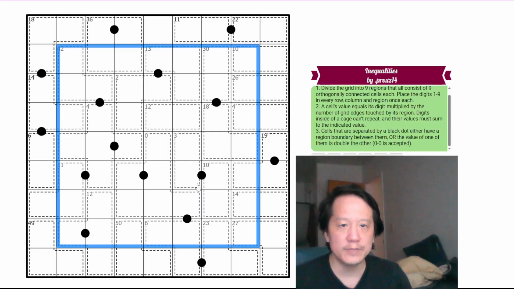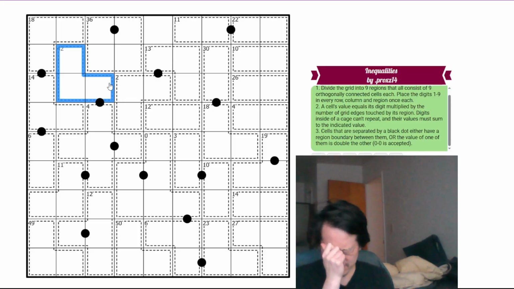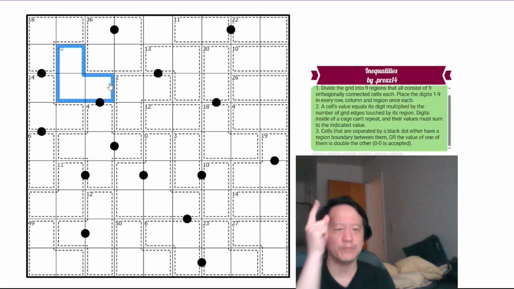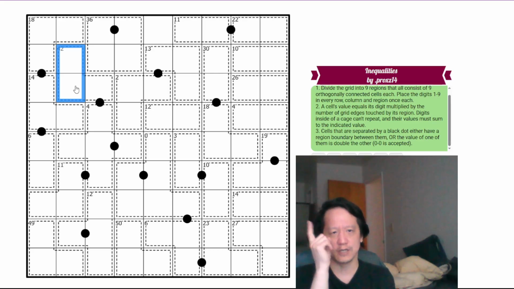So, to add up to 42, can we have 2 digits that are in a region that touches two edges, and then one that touches 1 is the question. I think so? Yeah, no, it's not possible. Because you can't have repeats of digits in a cage.